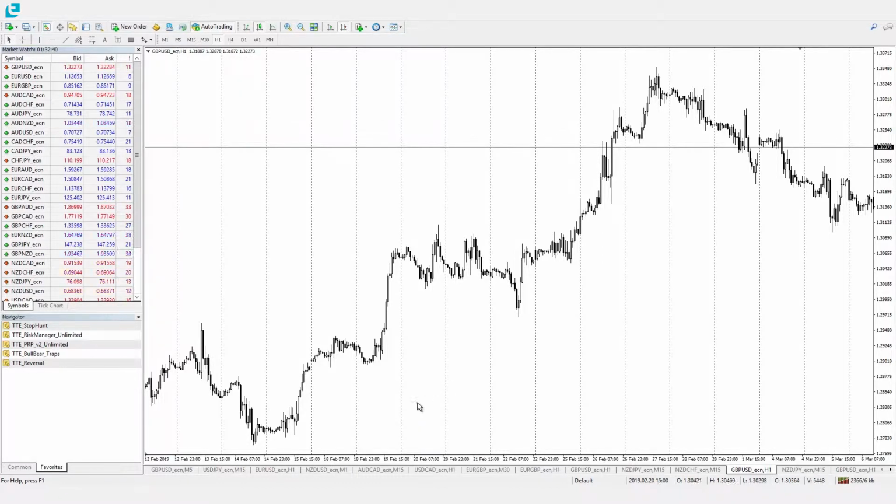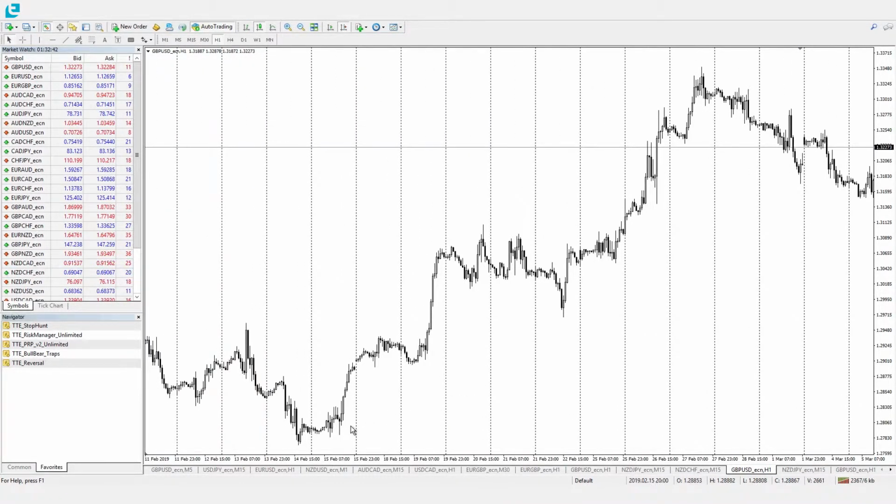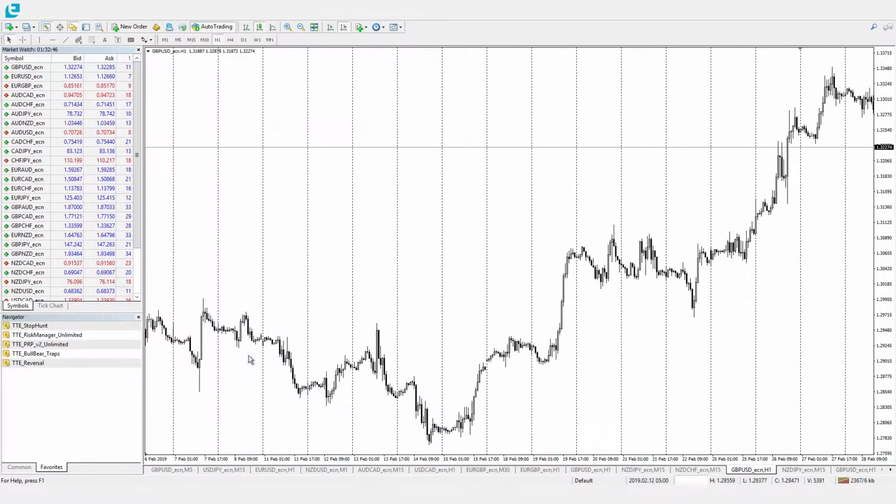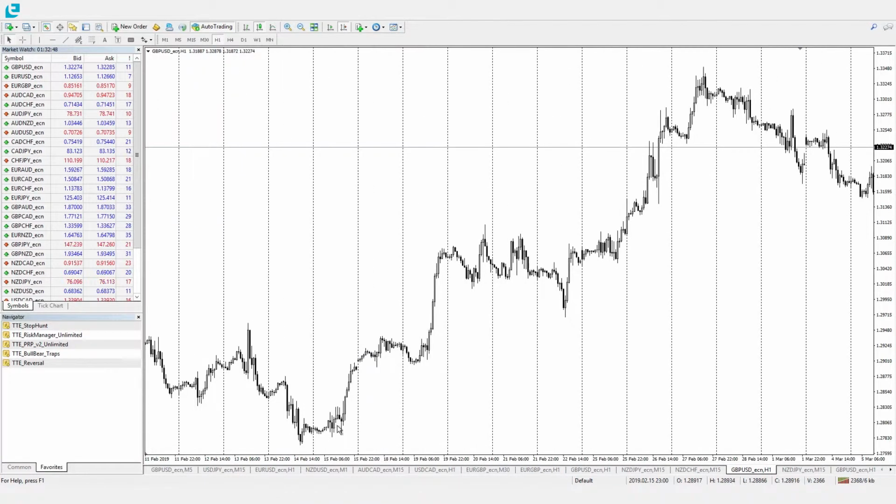But in this example here, it was really easy to spot. We had this downtrend, and here we have phase one: the smart money accumulated and lured all the retail traders into buying positions when they got this breakout here.